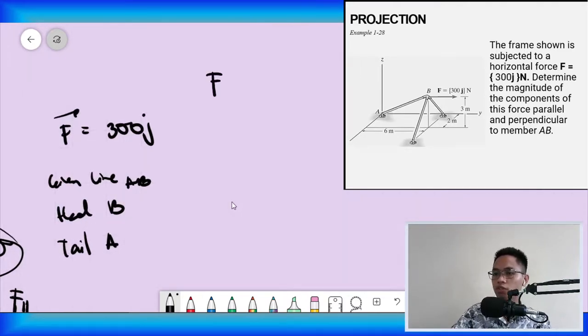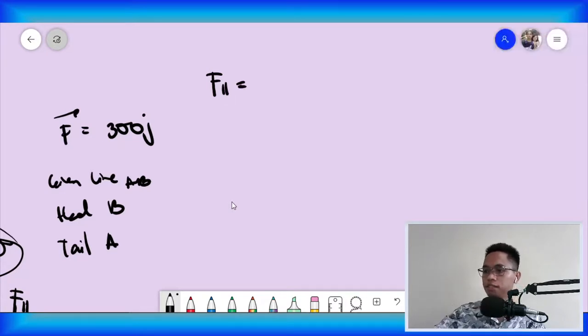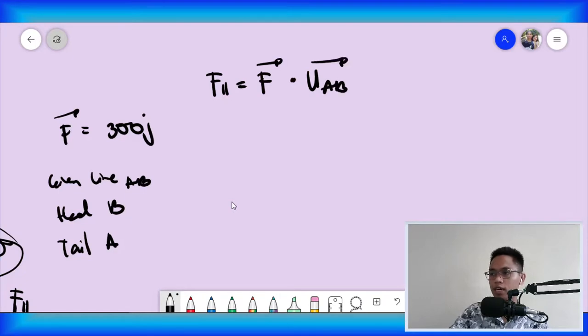The magnitude of F parallel is simply equal to the dot product of F and the unit vector of AB, which is our given line. Again, remember that F parallel is the dot product of the given force and the given line. This is the force.